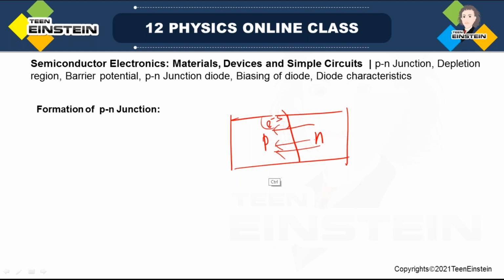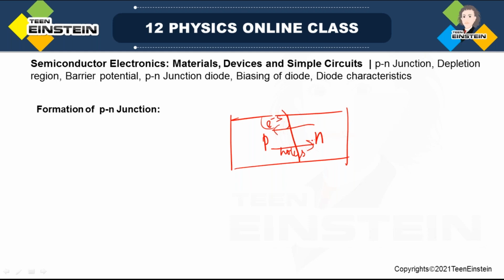At the same time, holes from the P side will diffuse to the N side. This is called diffusion.